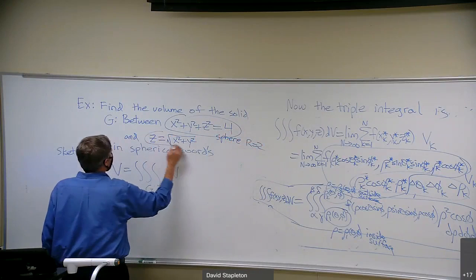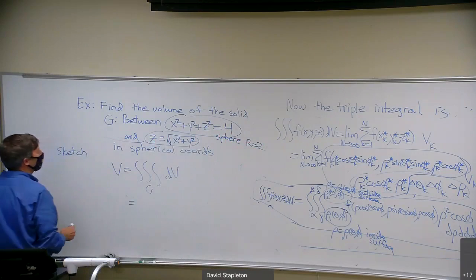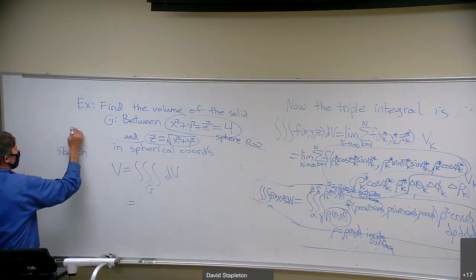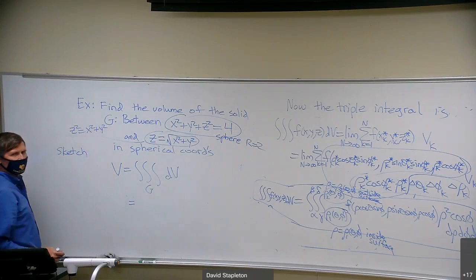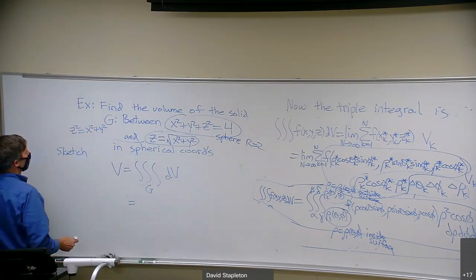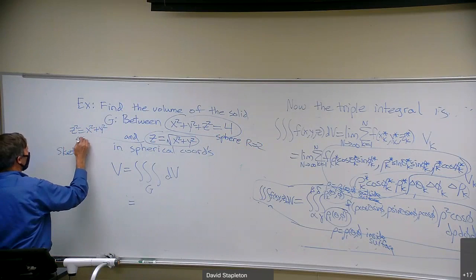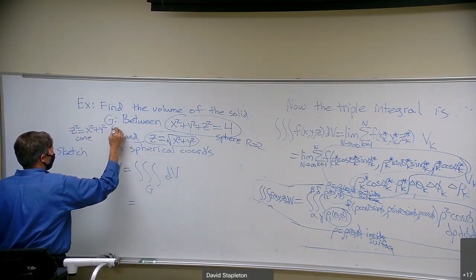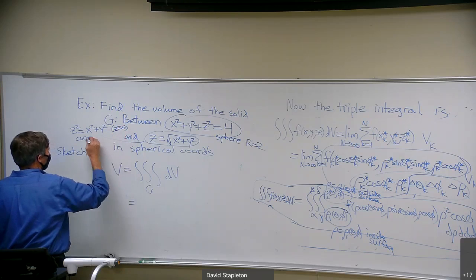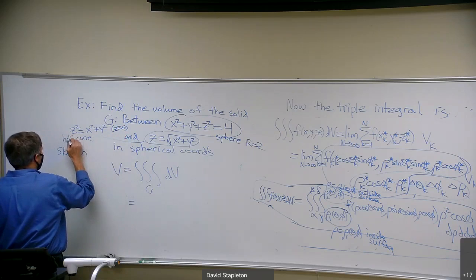What's this one? If you square both sides, you might see it. z squared equals x squared plus y squared is a cone, right? Except z is the positive square root, the non-negative square root. So z has to be greater than or equal to 0. It's the half cone. Oh, a half cone is perfect.